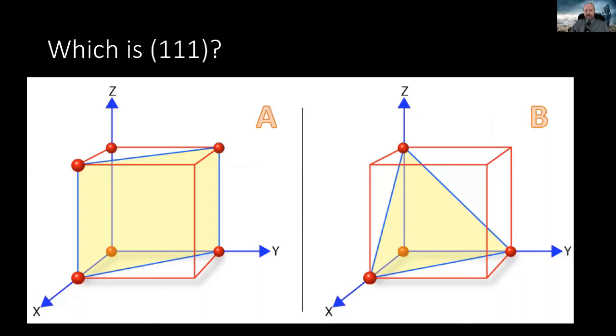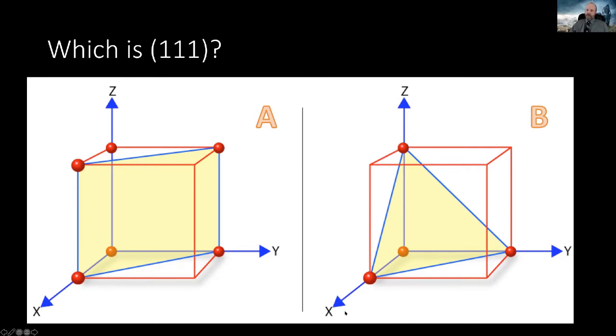So here's an example of a 1, 1, 1 plane. Is it A or B? 1, 1, 1. Remember, it's the plane perpendicular to the direction. Most people are saying B. You're right. You go one step in X, 1 in Y, 1 in Z. Then you have a vector that goes from the origin to the opposite corner of your cube in this case.